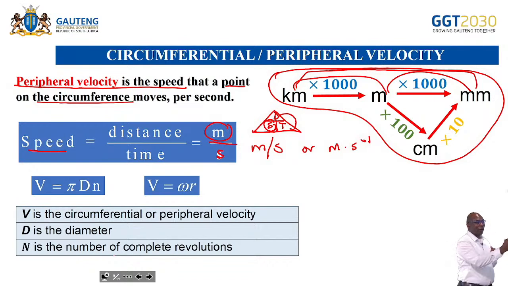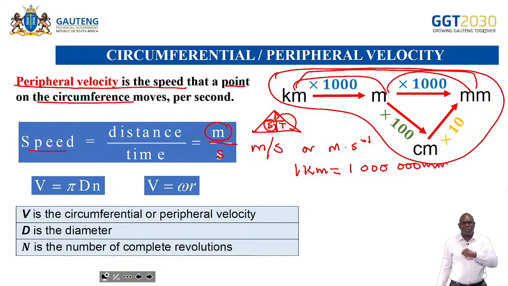Remember, only 1 kilometer will give you 1 million millimeters. A millimeter is a very small unit. So 1 kilometer will give us 1 million millimeters.